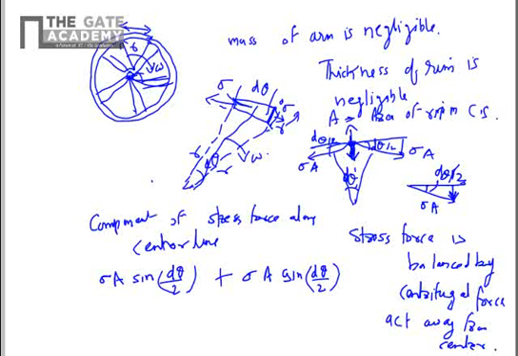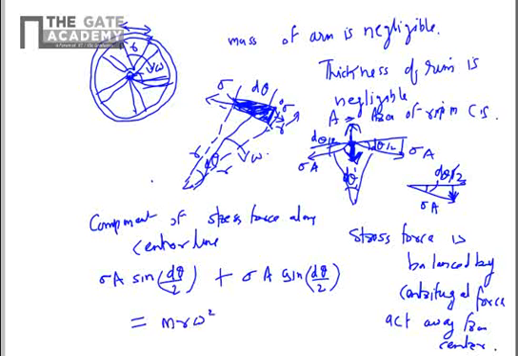As you can see from this diagram, the component of stress force is towards the center, and then there will be a centrifugal force away from the center. Since this is a free body diagram of a small element on the rim, the forces must balance each other along any particular line. So along the radial line, they should balance. We will write the formula for the centrifugal force.